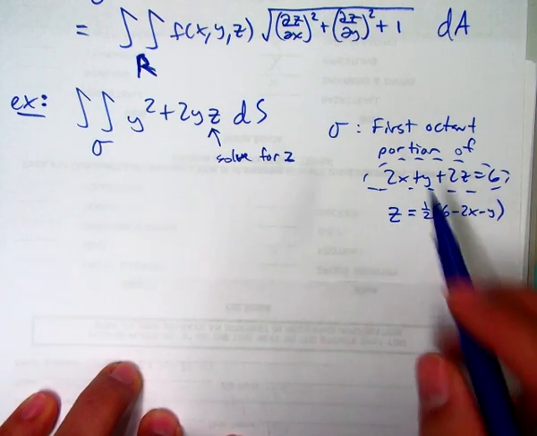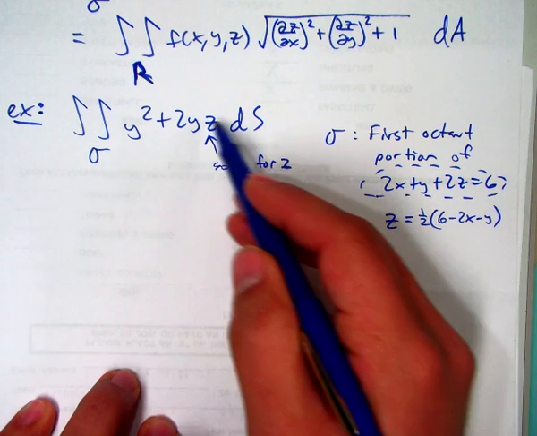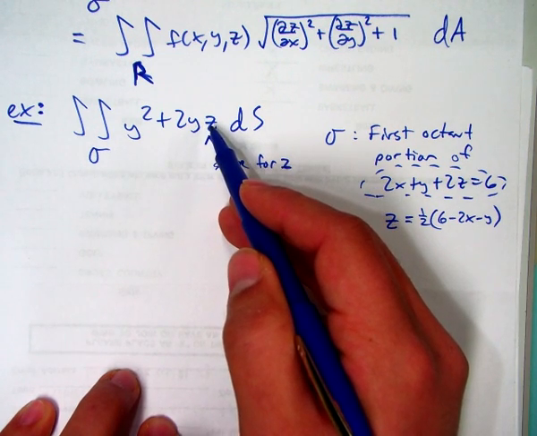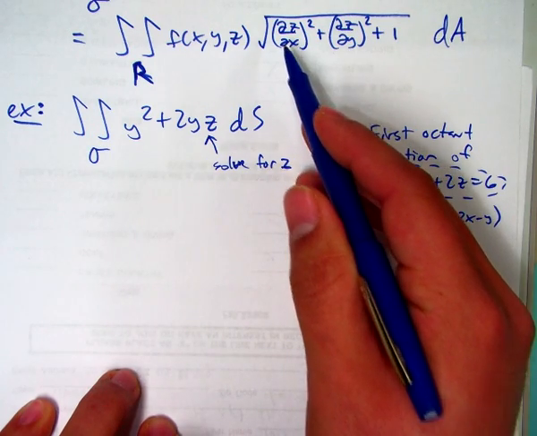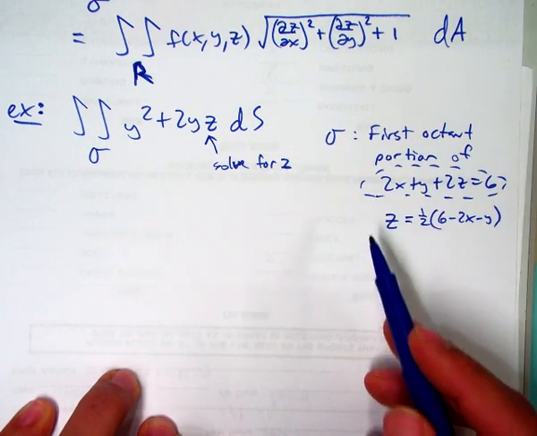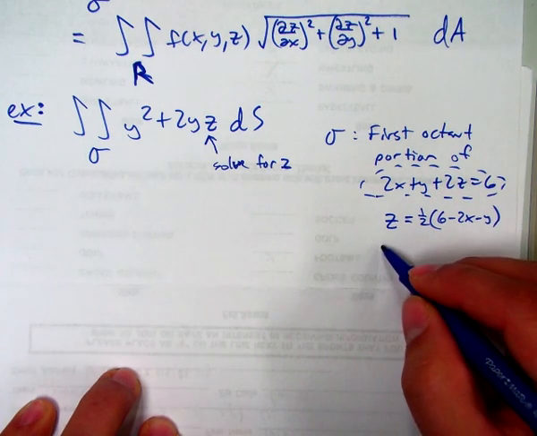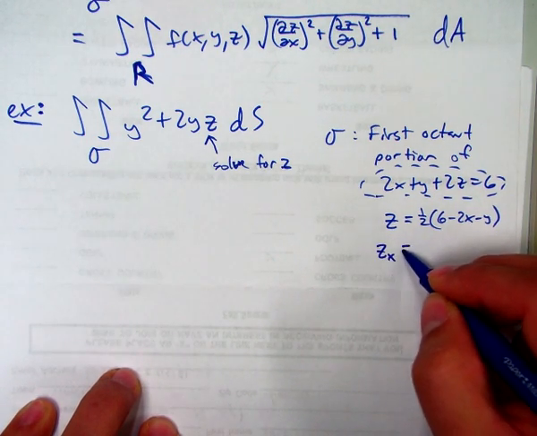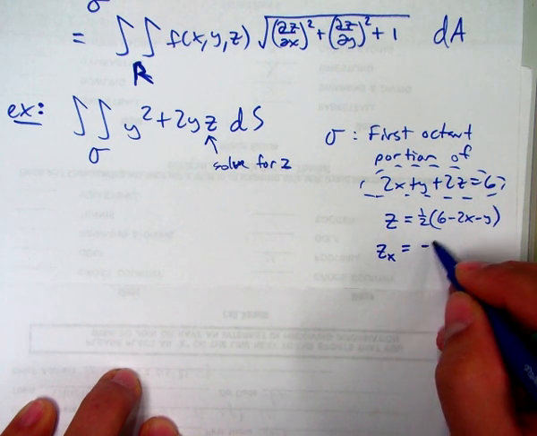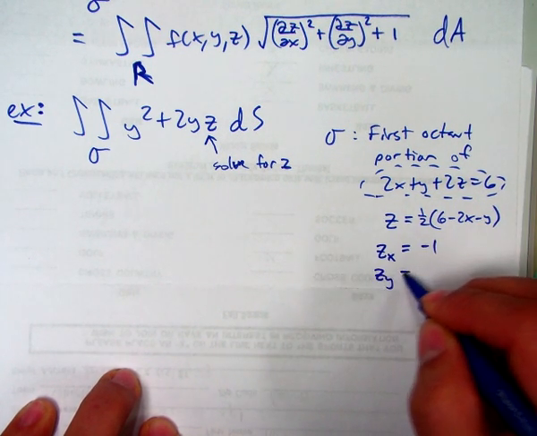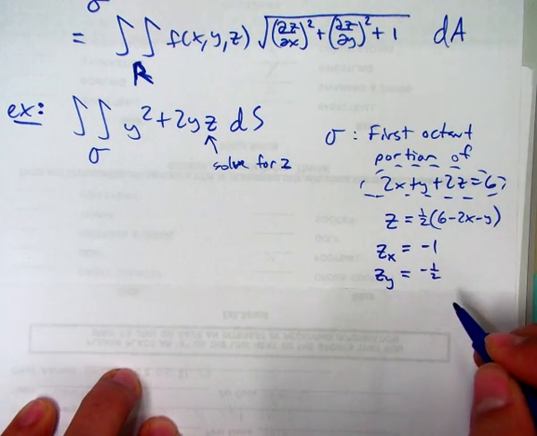Once we have z alone, that's what we're going to replace in here. Now we have a formula for z that we can take partial x and partial y from to figure out this square root in the integrand. Partial x is going to be -1, partial y is -1/2.